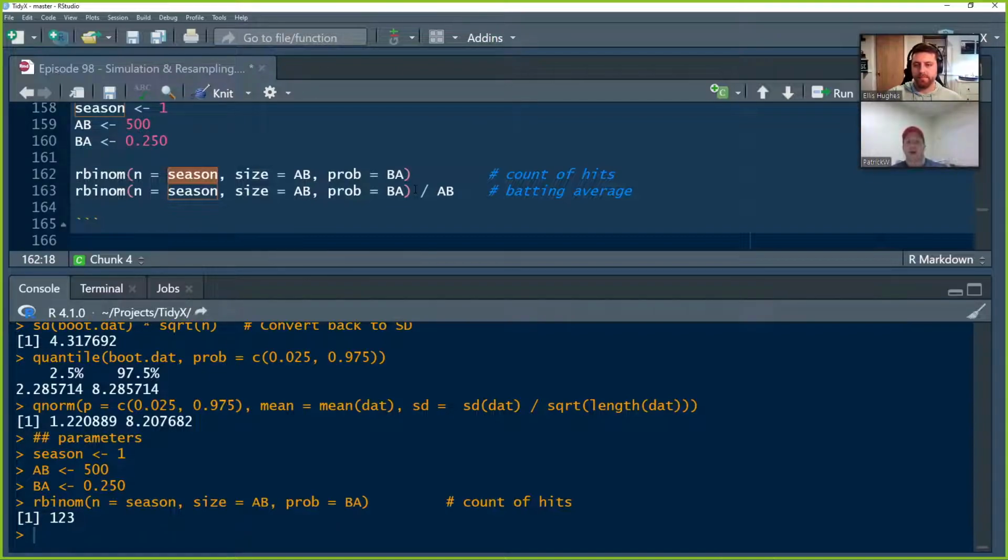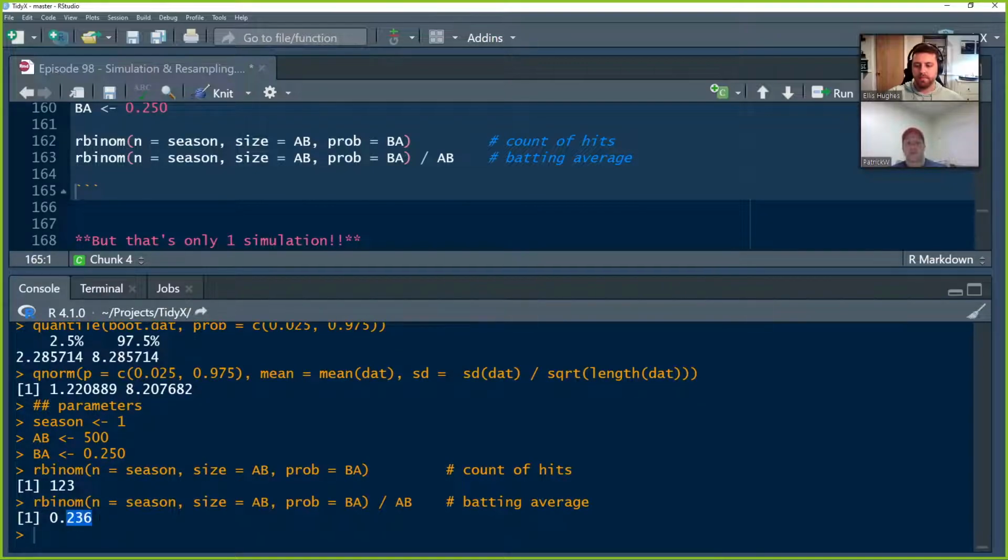So if we divide that by the number of observations, we're going to get returned some batting average that should be relatively close to 250, given some random margin of error because we know there's lots of uncertainty. The probability of hitting exactly 0.25 is going to be low, and there's just as much chance that you could hit 0.24 or 0.26. And so that's only one simulation.